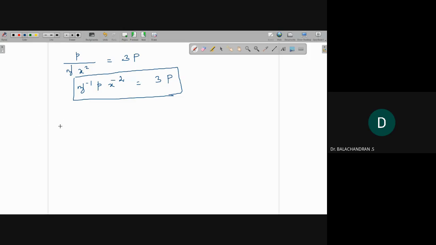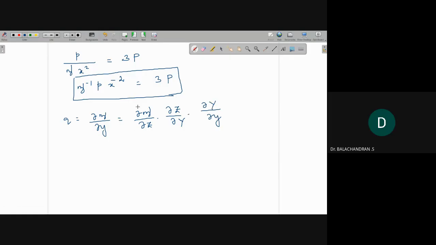We need to find q, that is dou z by dou y, which is equal to dou small z by dou capital Z into dou capital Z by dou capital Y into dou capital Y by dou small y.